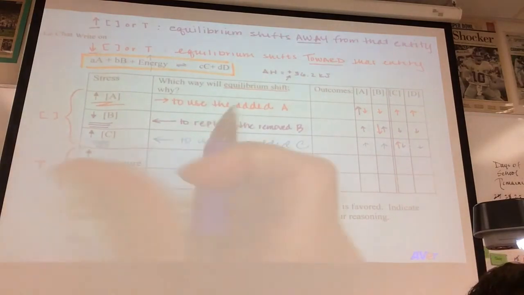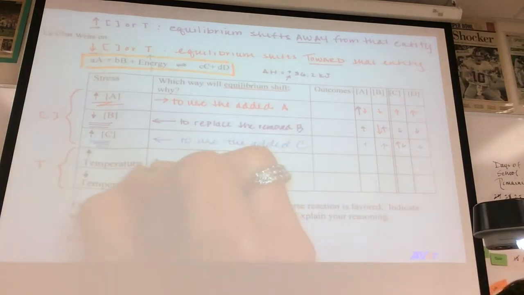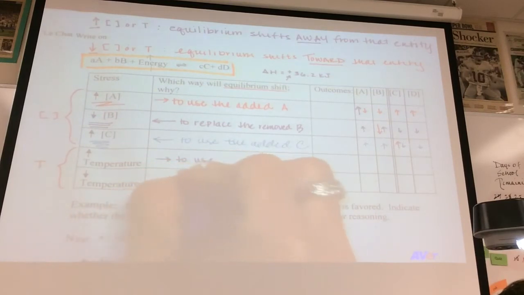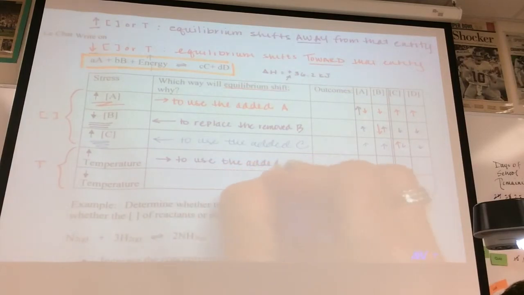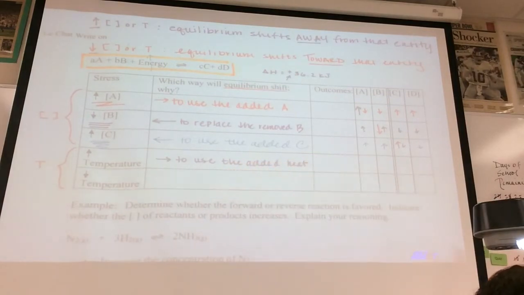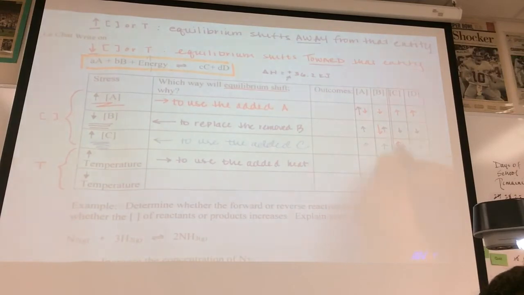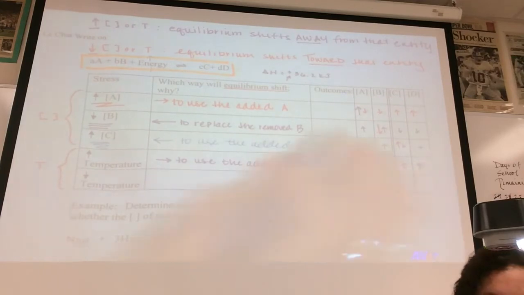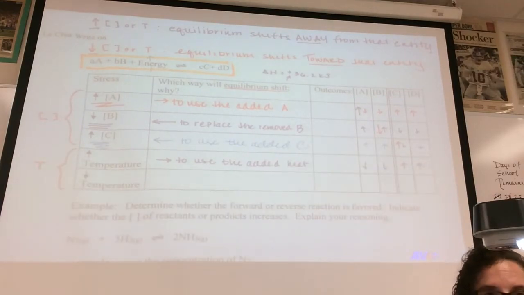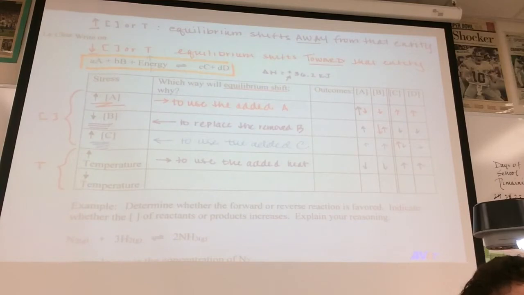So with an increase in temperature, equilibrium shifts in the forward direction to use the added heat. And with a forward shift in equilibrium, products get made, reactants get consumed. You don't have the up, down, down, up situation because you didn't alter the concentration. So let's see if you're understanding.